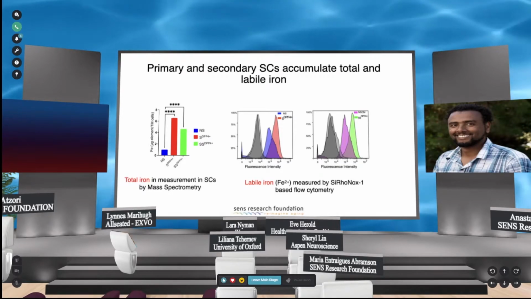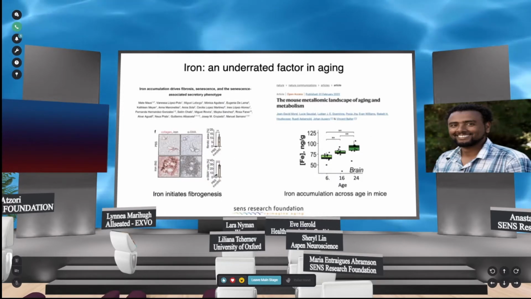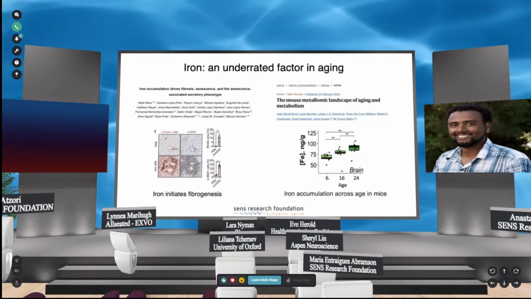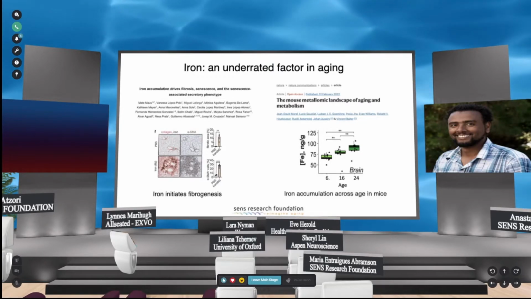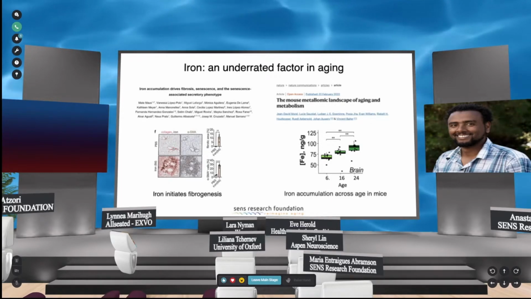So it is very interesting to observe that iron accumulation is present in both primary and secondary senescent cells. Other groups also showed that there is iron accumulation in senescent cells, even though they didn't show whether it is also present in secondary senescent cells.